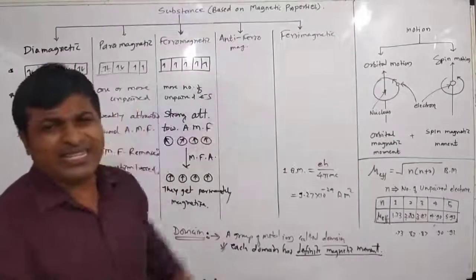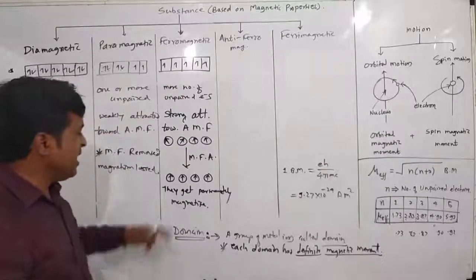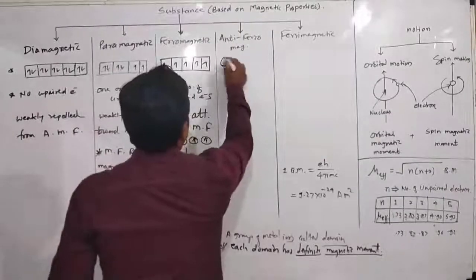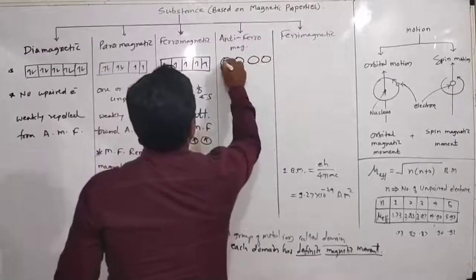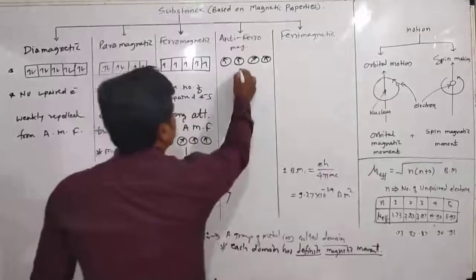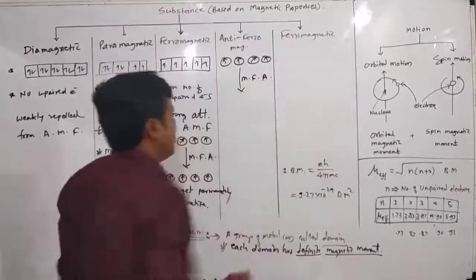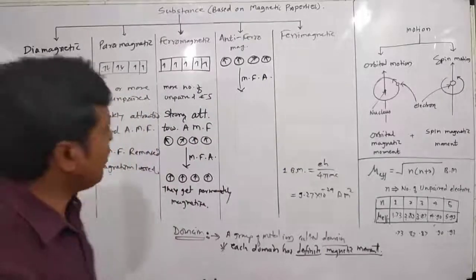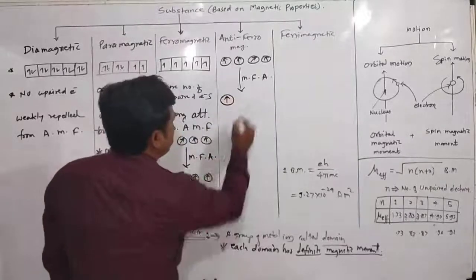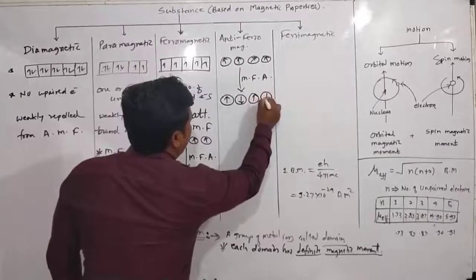Here we do not consider the spin of electrons, we consider the magnetic moment of the domain. Consider the magnetic moments randomly arranged in the absence of a magnetic field. When a magnetic field is applied, what will happen? One domain, another domain, third domain and fourth domain.